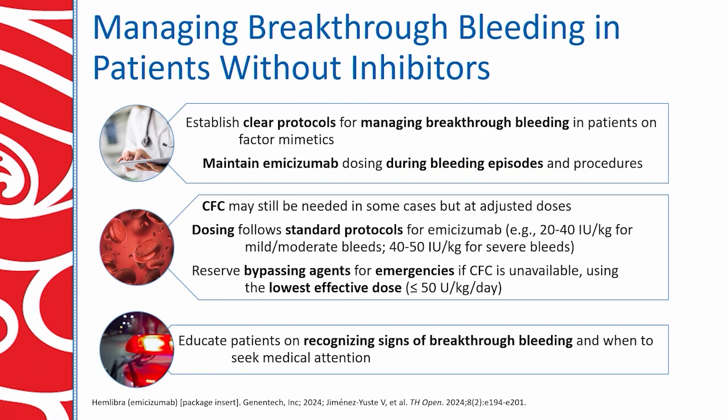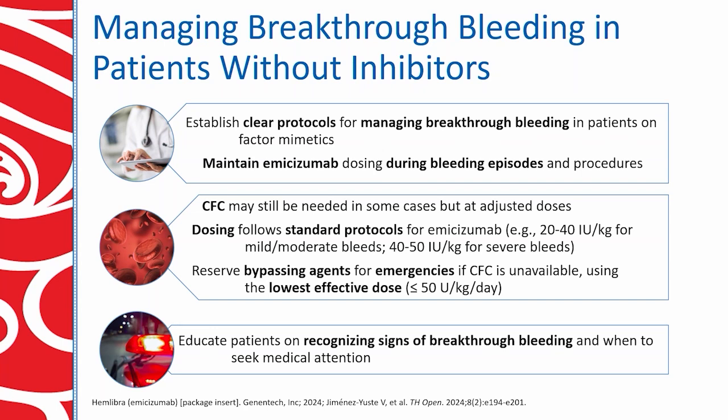And among your transition plans, I think a good plan for treating and managing breakthrough bleeds is key. So you should have a clear protocol. And when a bleed occurs, you don't change something like with emicizumab that we use in clinical practice. You don't change the dose or the interval. Instead, in patients without inhibitors, you treat with coagulation factor concentrates.